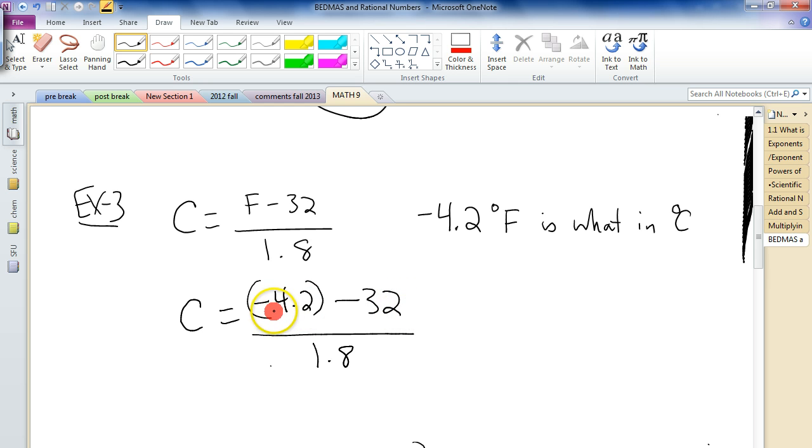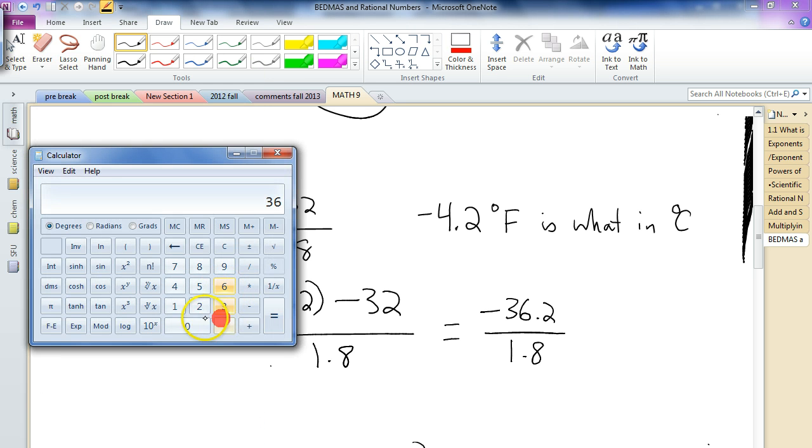You're down 4.2, you're down 32 more, so you're going to be down 36.2. And that's all divided by 1.8. Then you can use a calculator for that. 36.2 divided by 1.8. Let's not forget about the negative sign. 2.1 repeating.